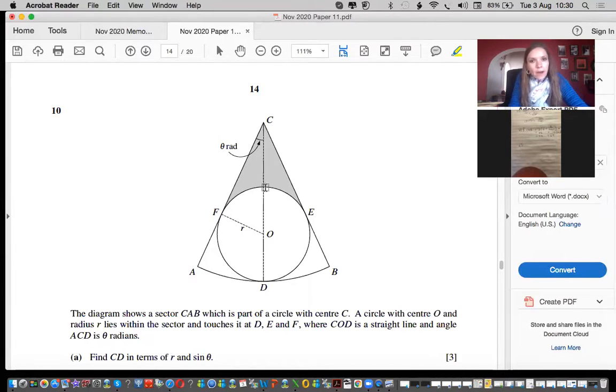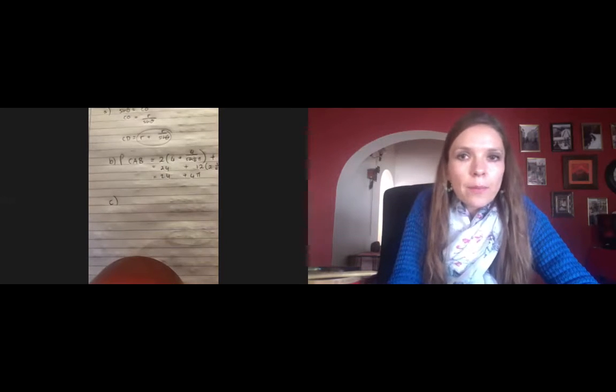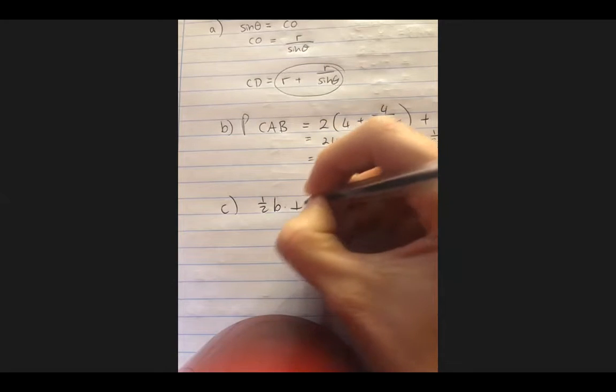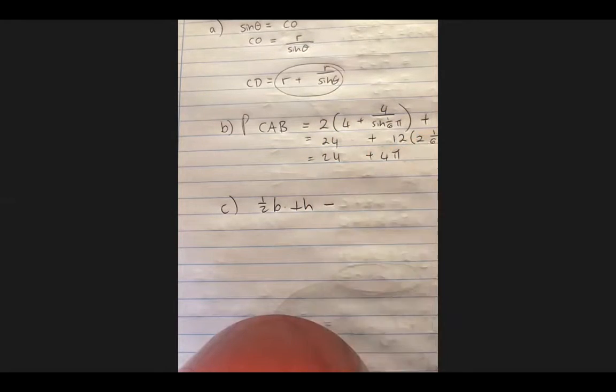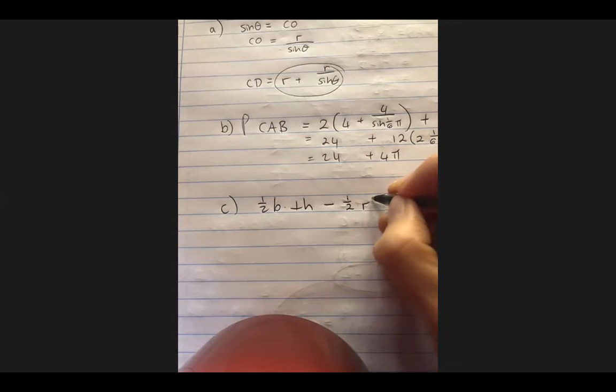And then I'm going to minus this little sector. And then I'm just going to take that area and double it. Okay, so let's just start with my plan. My plan will be to work out a triangle, half base times perpendicular height, and then minus some kind of sector area.